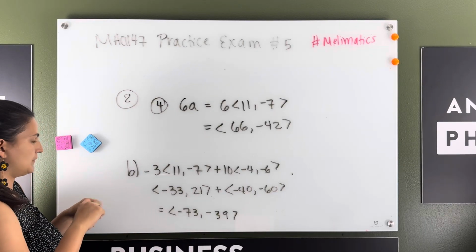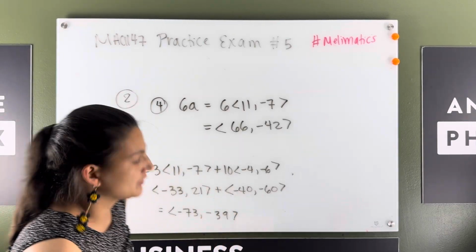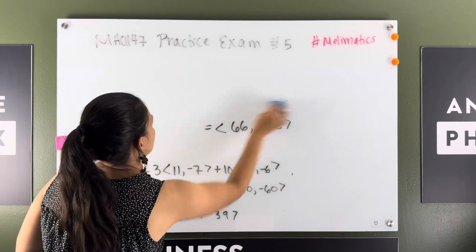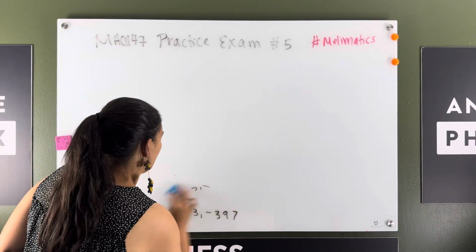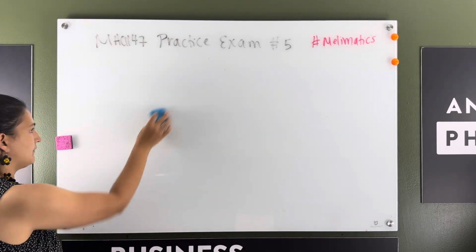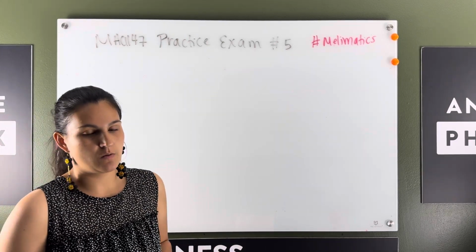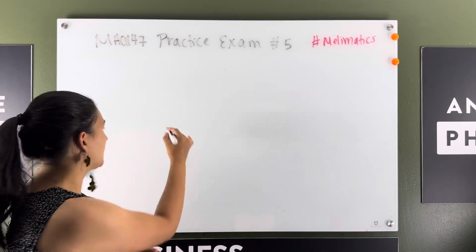Again, plug in. Okay, so we're moving on to number 5, which is the unit vector. Remember for unit vector, you're finding a vector in the same direction but with a magnitude of 1. So we're purposely going to make it have a magnitude of 1. How do we do that? We start off with what they give us.